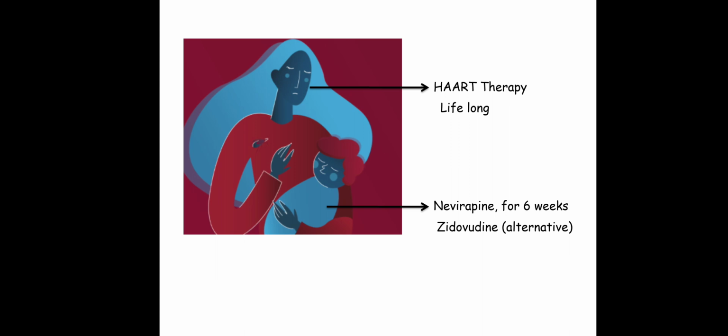So as such the preferred drug for the newborn baby is nevirapine, but if there is a risk of development of resistance, then we should prefer zidovudine. So this is the way we can prevent vertical transmission, and this is all about today's video regarding treatment of HIV. I hope you found this video helpful. Thank you for watching.